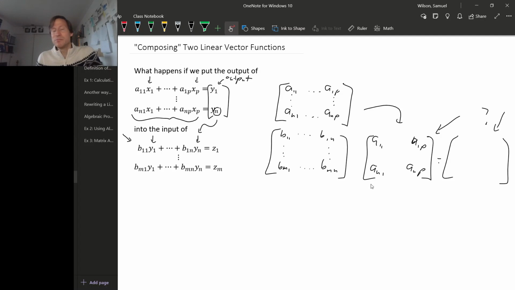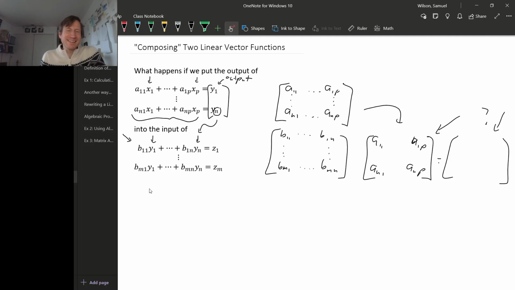Well, remember how we've been defining the result of matrix operations: we've done the corresponding thing with our system of equations, and then we've read off the coefficients from the resulting system of equations, and that gives us the resulting matrix. So what we need to do is actually take these outputs from our first system and put them into the second system.